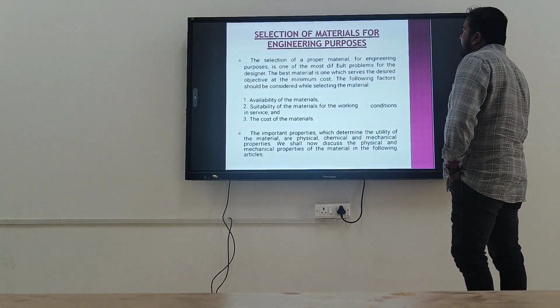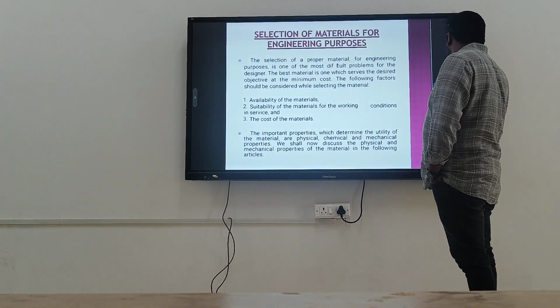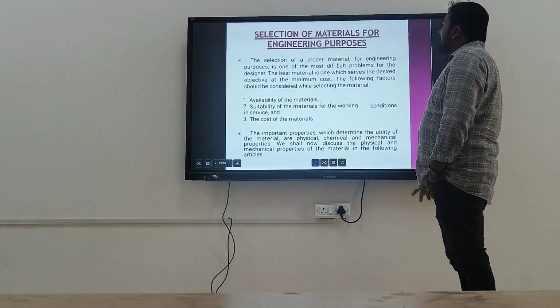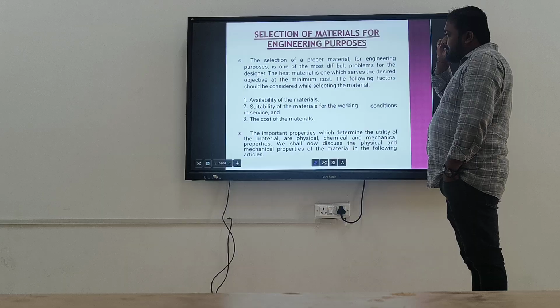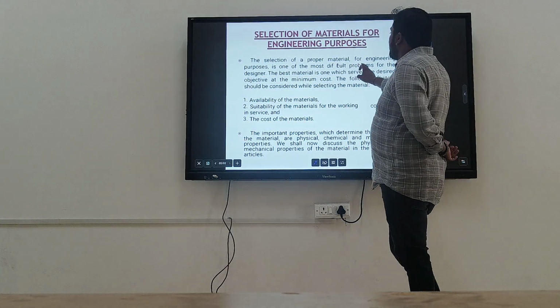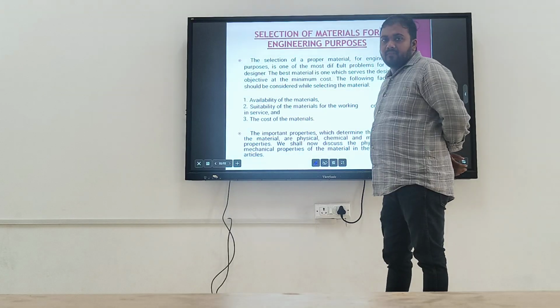Then, selection of metals for engineering purpose. The selection of a proper metal for engineering purpose is one of the most difficult problems for the designer.